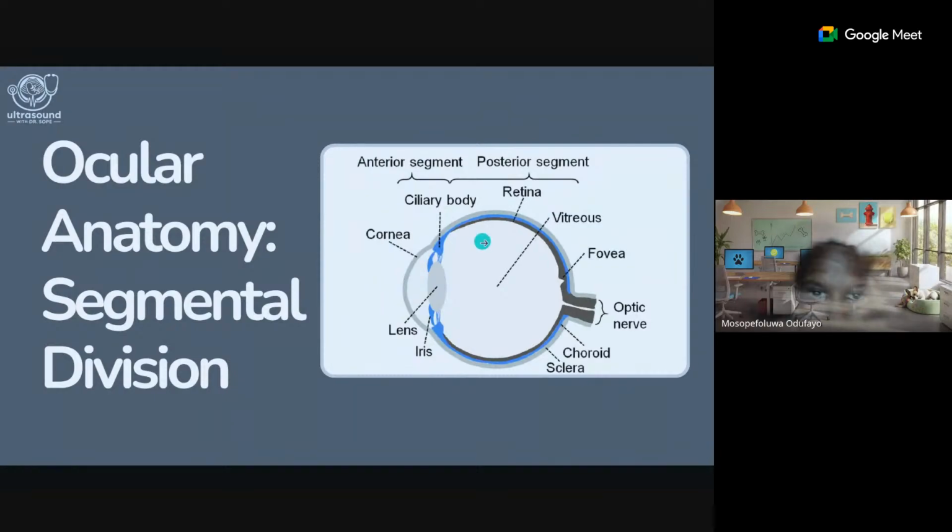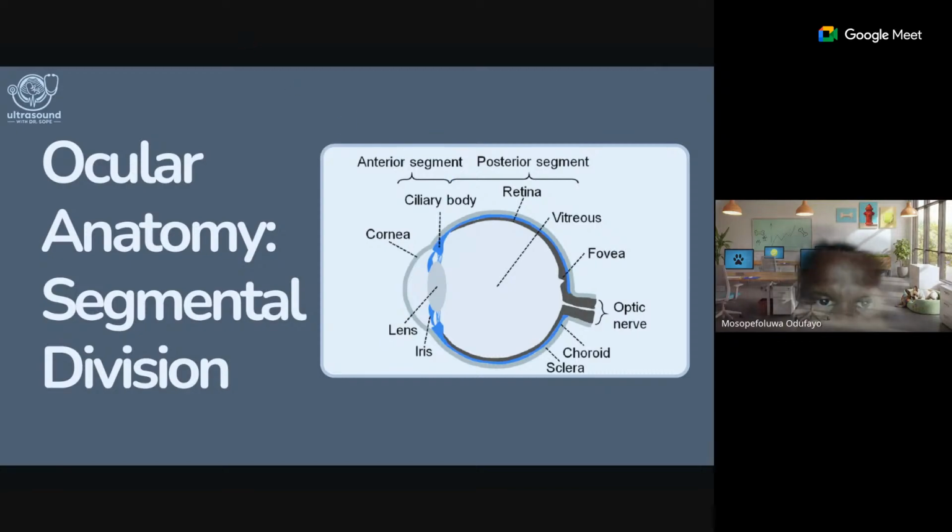In the anterior segment we have some structures. First of all, let's start from anteriorly. We have the cornea here, we have the lens, we have the iris, and we have the ciliary body. Those are the things within the anterior segment.